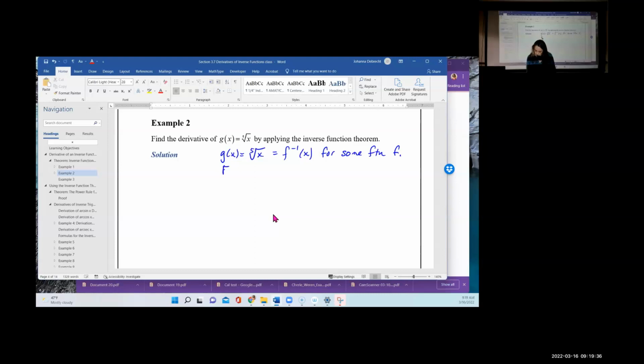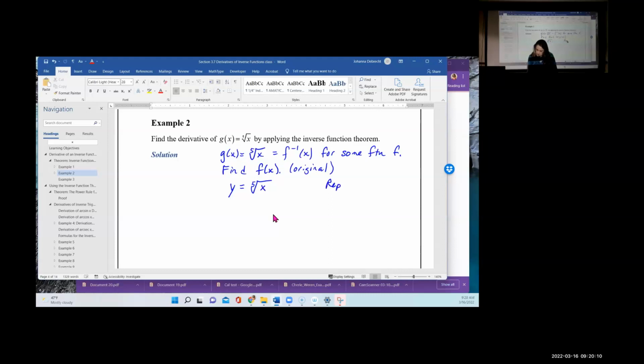Now we need to find f. We need to find the original. What is that the inverse function for? So we need to find the original function by swapping the x and the y coordinates. So the first thing we're going to do is we're going to take the g of x and replace it with y. And this gives us y equals the 5th root of x.